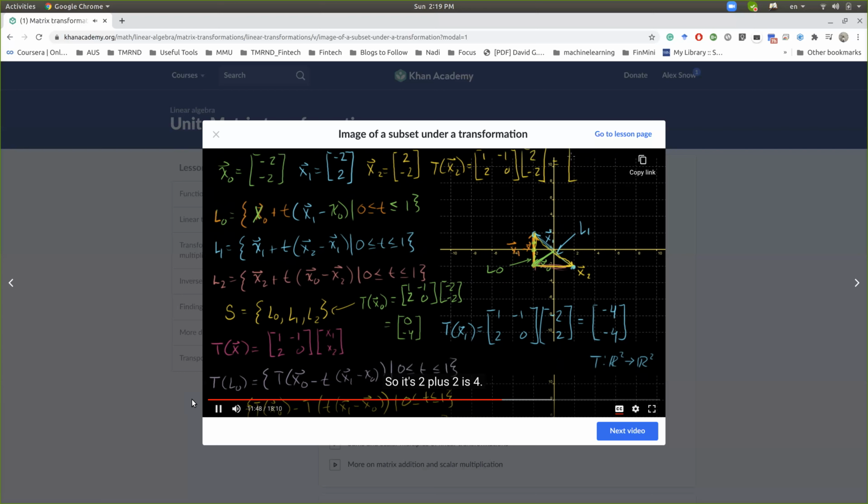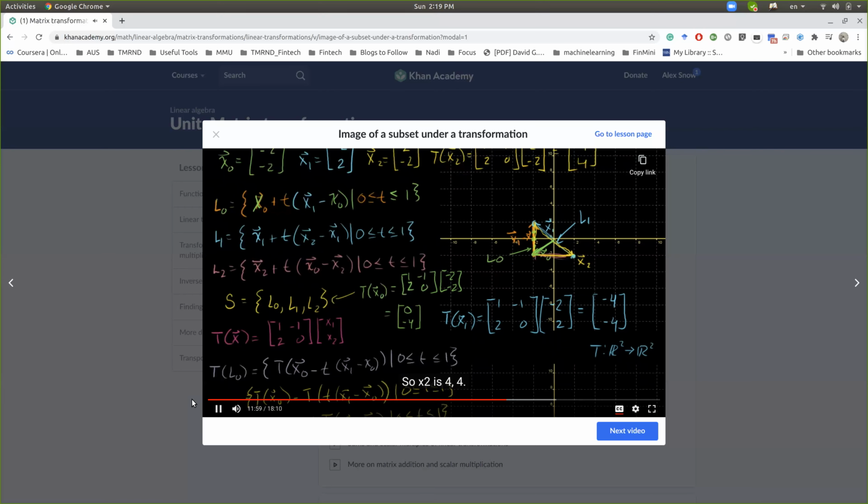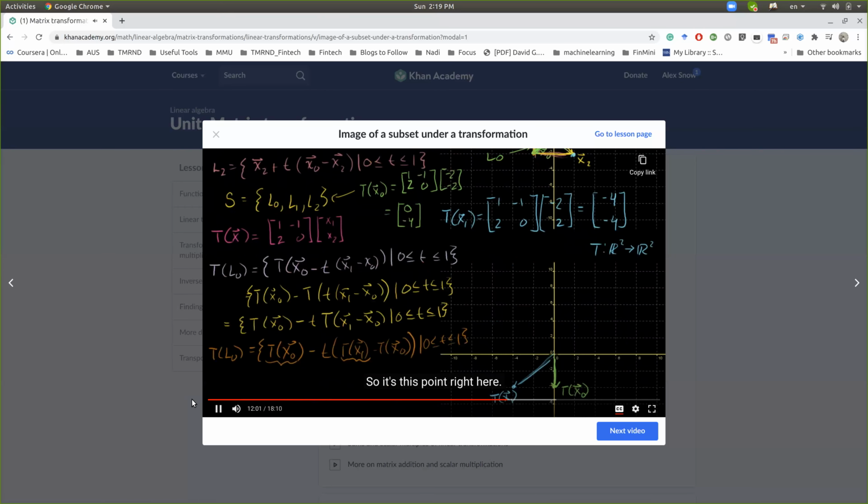So it's 2 plus 2 is 4. And 2 times 2 is 4, plus 0 times minus 2. So it's 4, 4. So the transformation of x2 is 4, 4. So it's this point right here, 4, 4 right there. So the transformation of x2 is that vector right there.